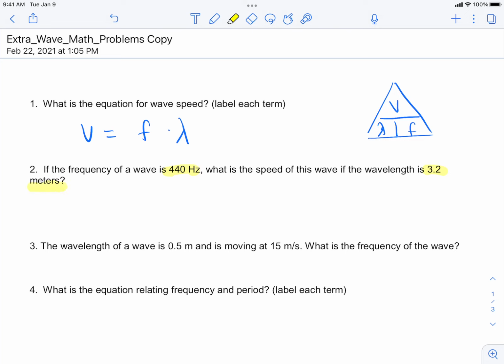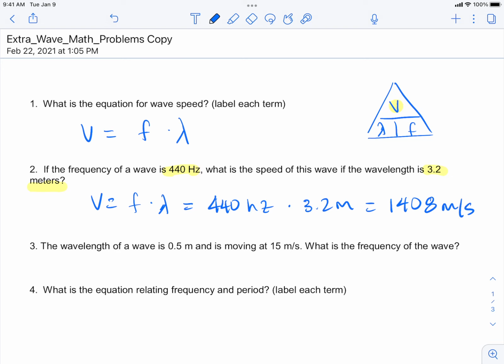I'm trying to find velocity, so I'm going to do frequency times wavelength. The frequency is 440 hertz, and the wavelength is 3.2 meters. If you take 440 times 3.2, you'll end up with 1408 meters per second for your label.